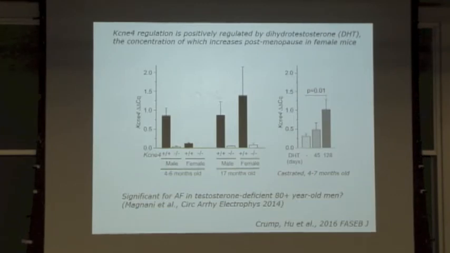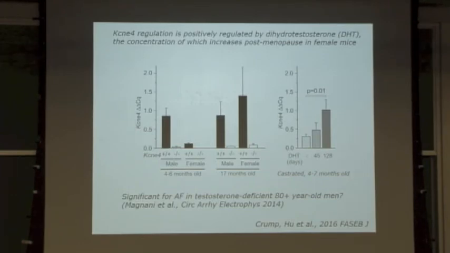And just to bring this back to human populations, one of the things that came out of the Framingham trial was that the older men particularly susceptible to AF were those with low testosterone. So this could be part of the mechanism.